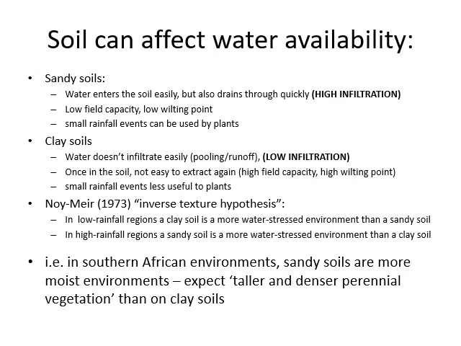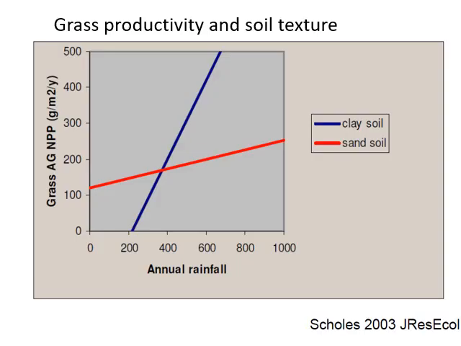In many southern African environments, sandy soils are more moist environments, so we expect taller and denser perennial vegetation than on clay soils. This graph explains the inverse texture hypothesis. On the x-axis, you have annual rainfall, and on the y-axis, you have grass above-ground net primary productivity, so how much grass can grow.